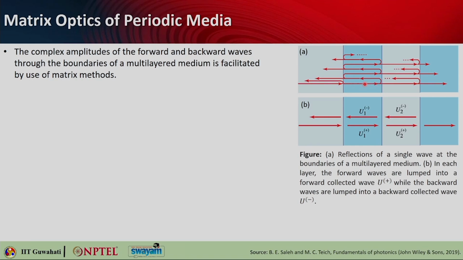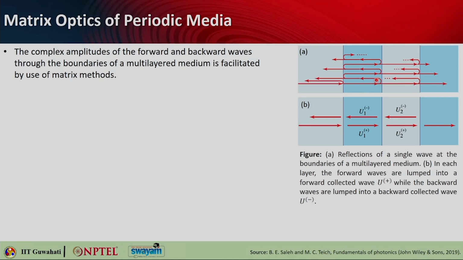Now this light, when it hits the interface between this medium and this medium, is partially reflected and the remaining is transmitted. Again this transmitted light, when it encounters the next interface, some part is reflected back, some is transmitted.